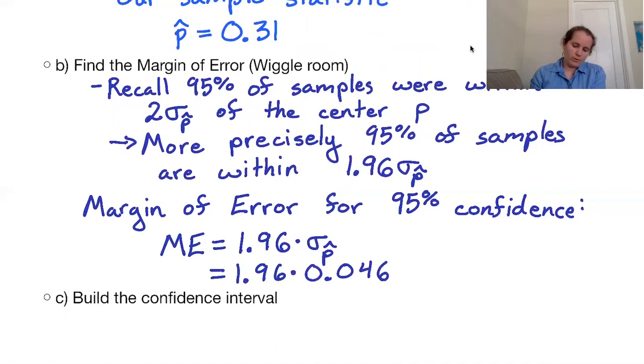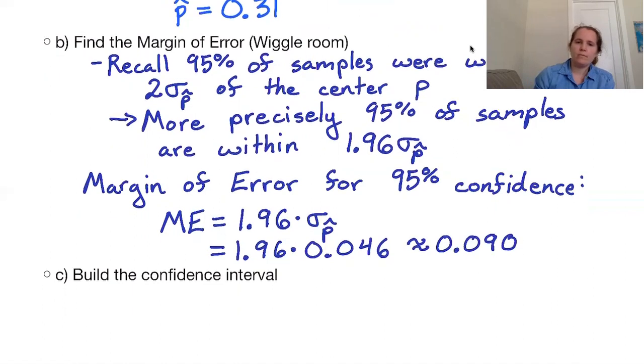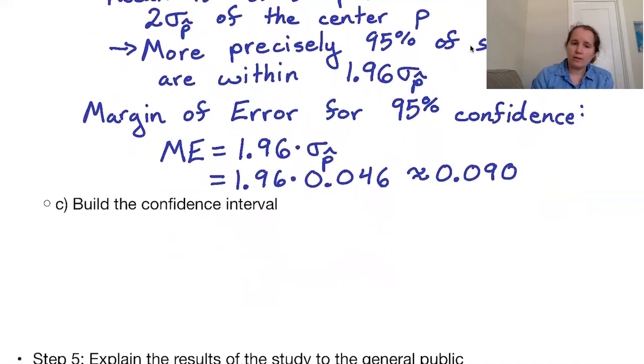And we wind up with approximately 0.090. From here, we build our confidence interval.